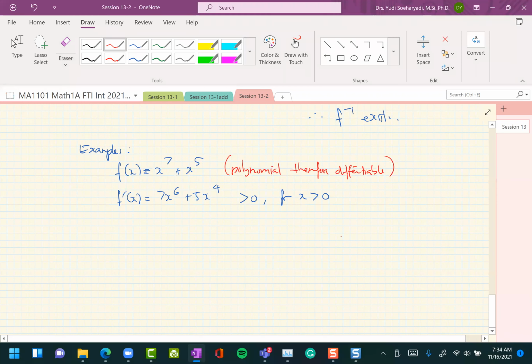It's always positive except at zero. So you see that this is an increasing function. It can be zero. Let's see. It's increasing.